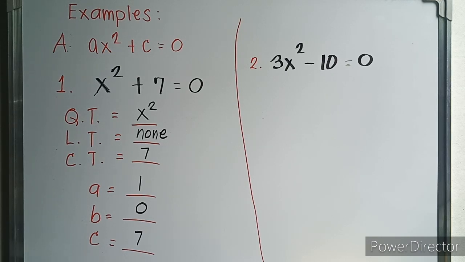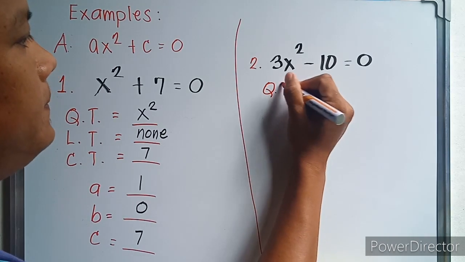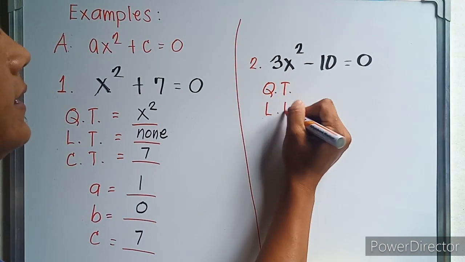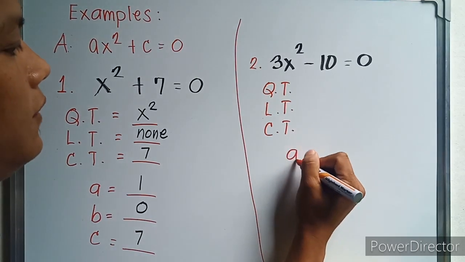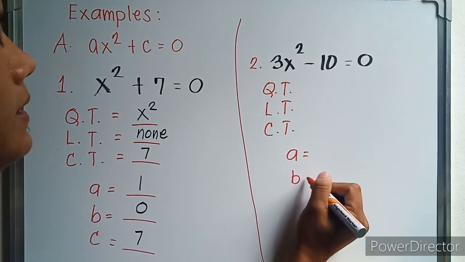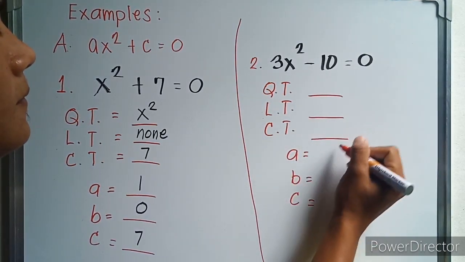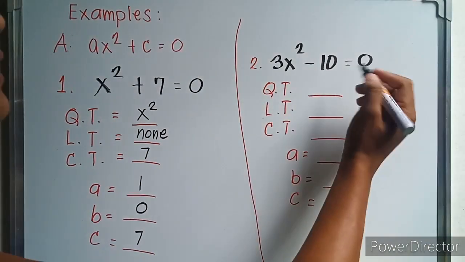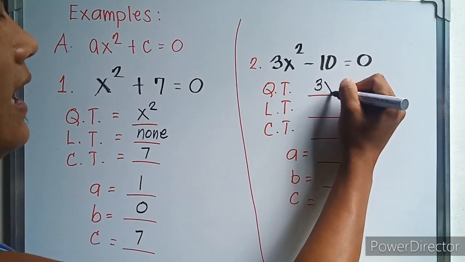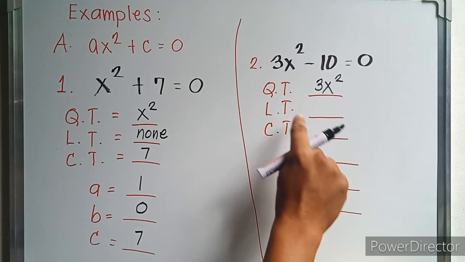Okay, how about for number 2? We have to identify our quadratic term, our linear term, our constant term, and the coefficients a, b, and c. For the quadratic term, we have 3x squared. Then how about our linear term?